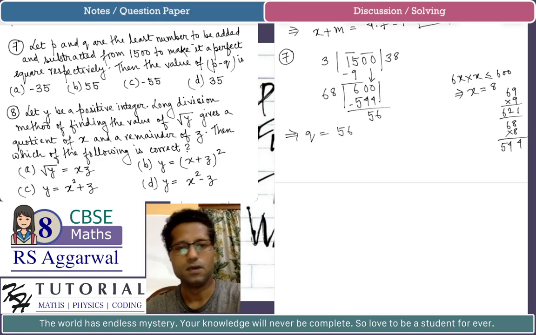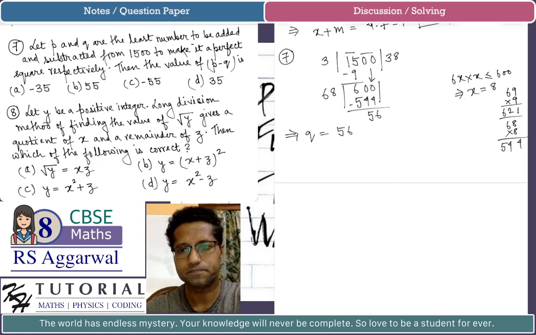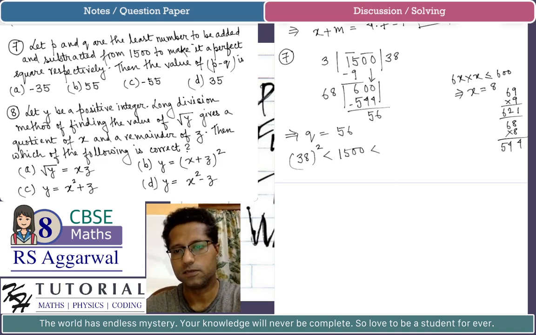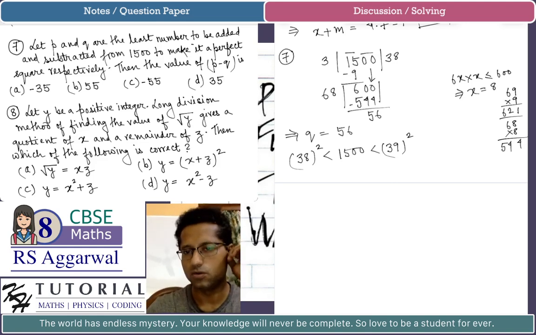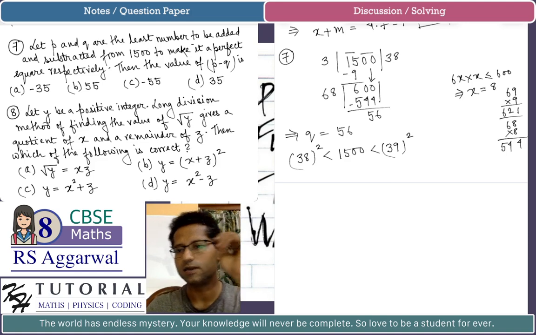And what about P? P is the least number that must be added to the given number to make it a perfect square. We also know that 38 squared is less than the given number, and the given number is less than 39 squared. So the least number that must be added to 1500 must give the immediate next perfect square, which is greater than 1500.